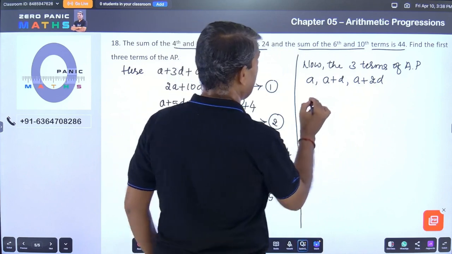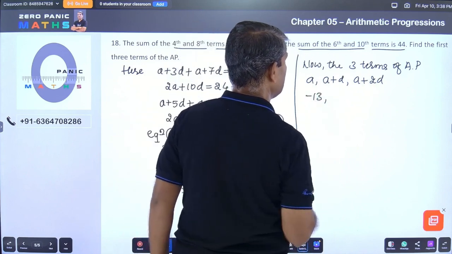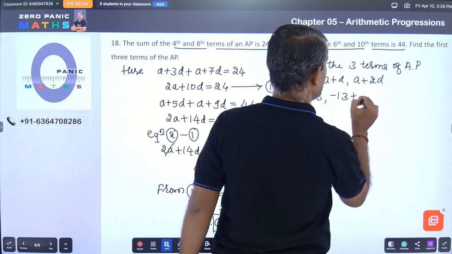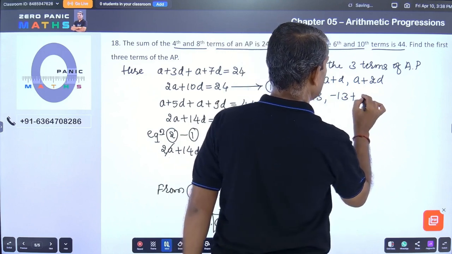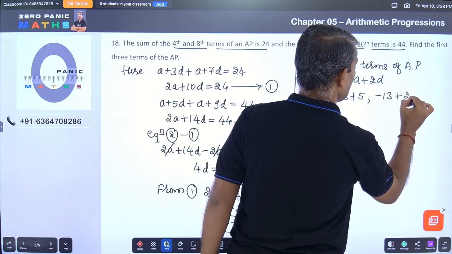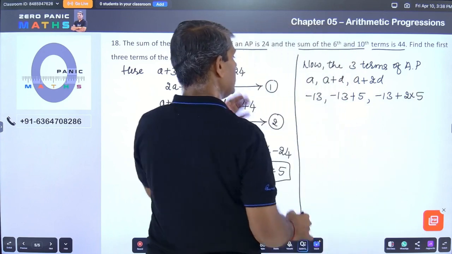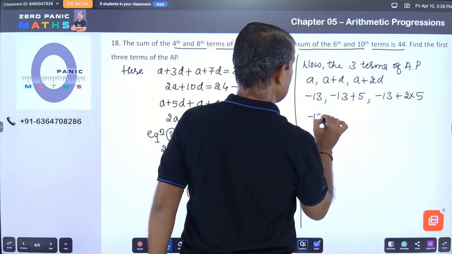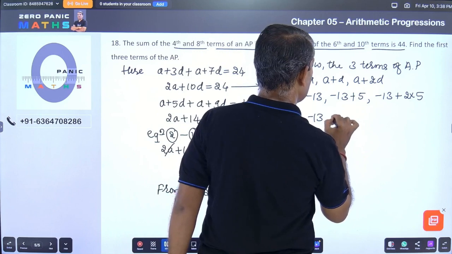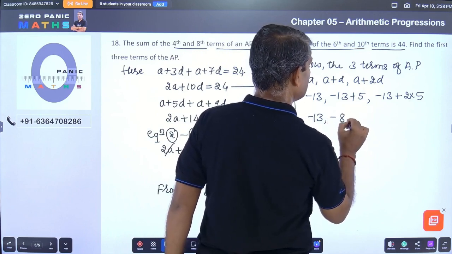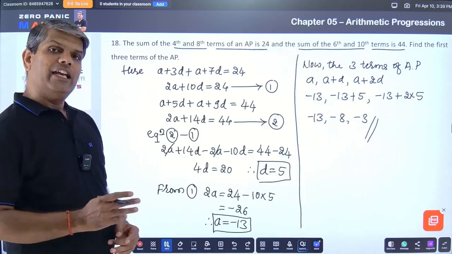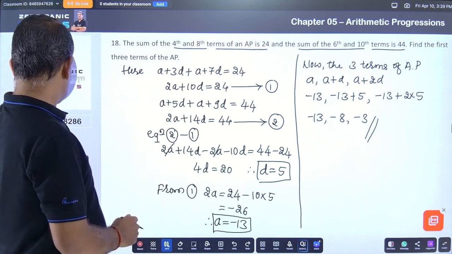We know A is minus 13, and minus 13 plus D, D is 5, and minus 13 plus 2 into 5. So finally the three terms are minus 13, minus 13 plus 5 is minus 8, and minus 3. Let us move quickly to the next problem.